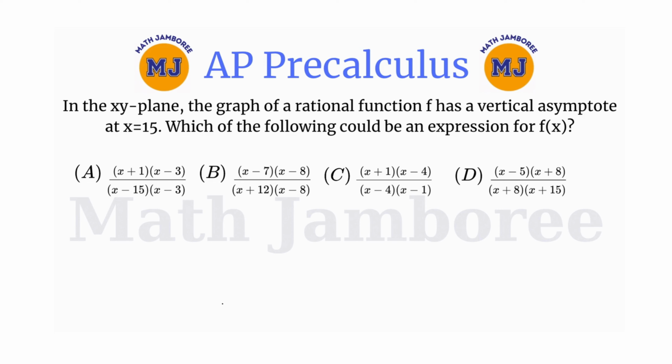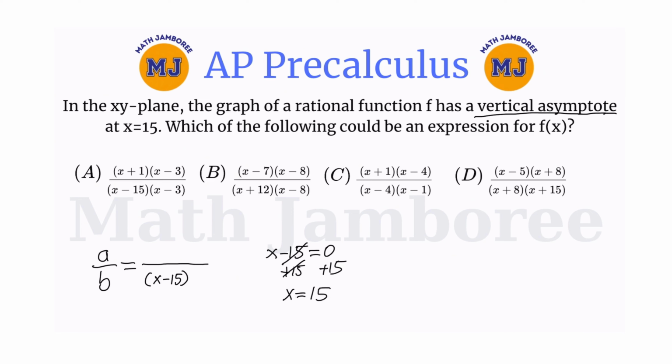Rational functions are in the format of a over b, right? We have numerator and the denominator. And if you're talking about a vertical asymptote, vertical asymptotes are all related to the denominator. If the vertical asymptote is at x equals 15, it means that in the denominator, we must have x minus 15, because when I solve x minus 15 equals 0 to find its vertical asymptote and add 15 to both sides, then x becomes 15.